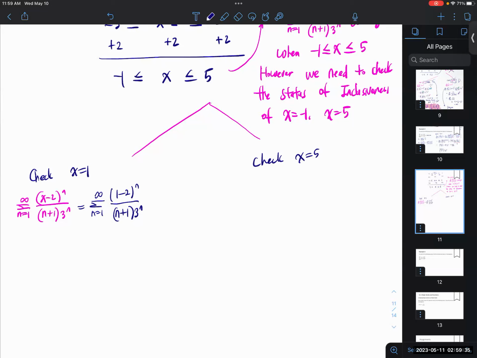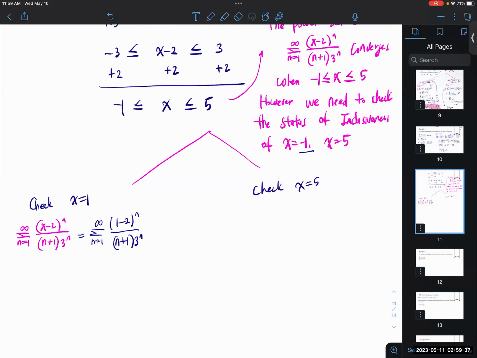Actually, we have a -1, so my bad. So the sum of (-3)^n over (n plus 1) 3^n.